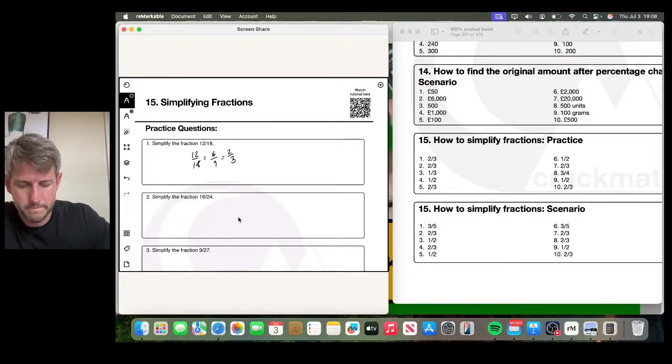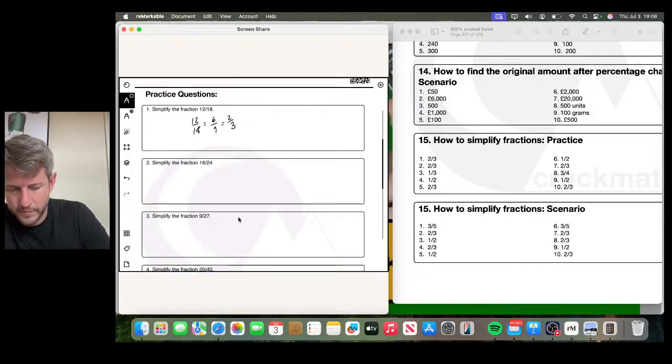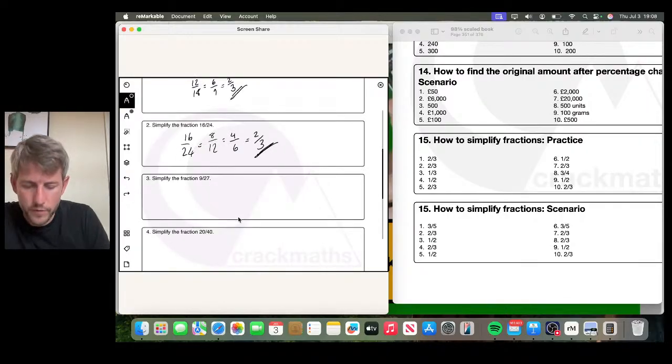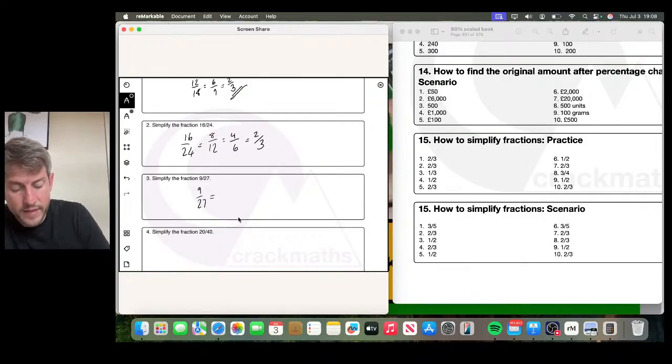Okay. 16 over 24 is equal to 8 over 12, equal to 4 over 6, is equal to 2 over 3. 9 over 27 is equal to, well, these both divide by 3, so that becomes 3 over 9. These both divide by 3 again, so this is 1 over 3.